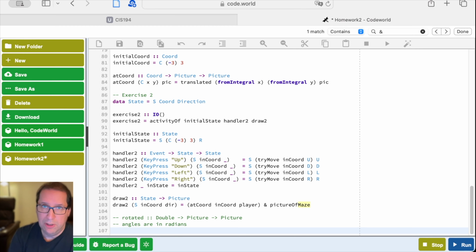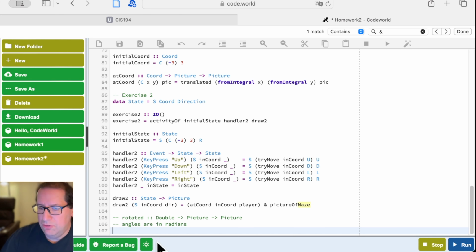And the reason that's morally pure is it relies on no kind of external knowledge. But I'm lazy, and I know for a fact that I drew a triangle, and I drew it in such a way that it was pointing up. So I am going to pretend that I know that and that that's encoded in here. And so we're just going to rotate based on the last direction moved.